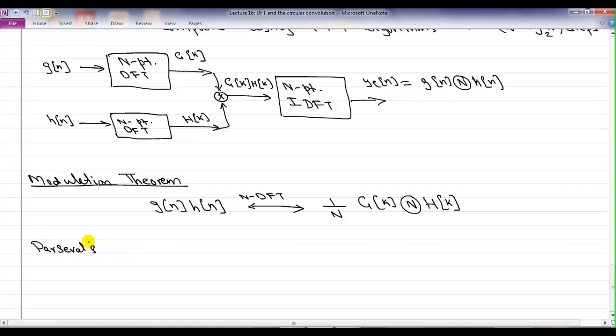The next property we want to study is Parseval's theorem. Again, very similar to all kinds of Parseval's theorem we have seen before.